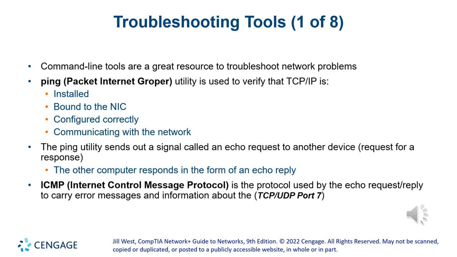So ping uses ICMP, the Internet Control Message Protocol. ICMP is the protocol that ping uses, and the type of traffic is an echo request, or the echo protocol, which uses TCP or UDP, on port 7. TCP is used to send traffic and request a reply back.